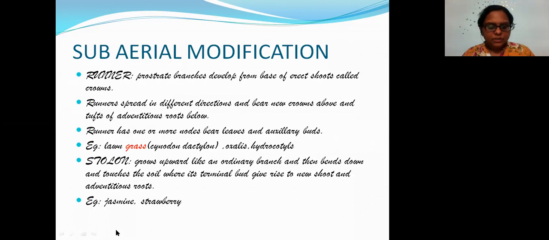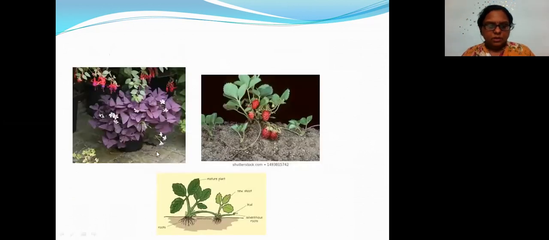What diagram do I have? I'll just see. Yeah, see, I have the runner's diagram. This is the oxalis. Can you see oxalis, how it is growing? There will be only one, and it has just come out in all directions. If you take a pot of that plant, it will just spread like this.